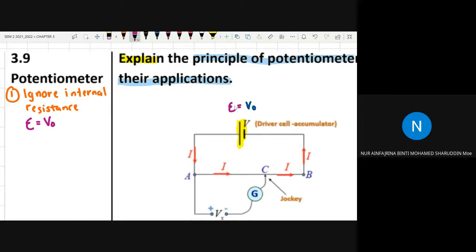Why? Because we already ignore the internal resistance. So for potentiometer we do not take the internal resistance into account.